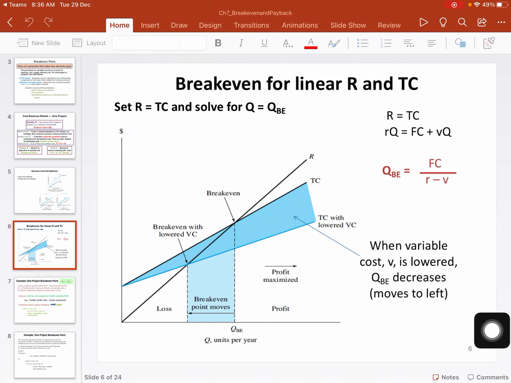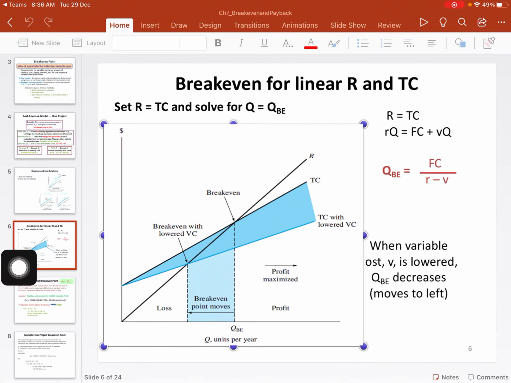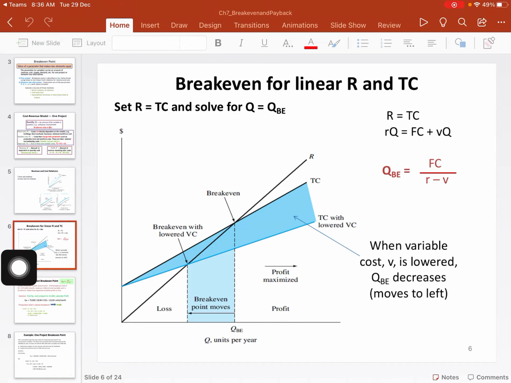So break-even for linear R and TC, solve for QBE. You can see in this diagram, the variable cost V is lowered and QBE decreases, it moves to the left.